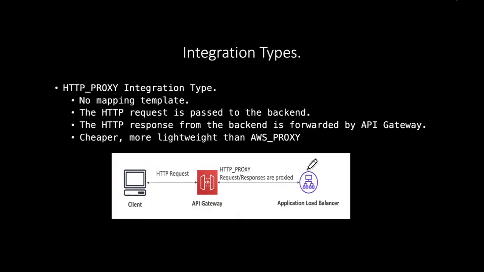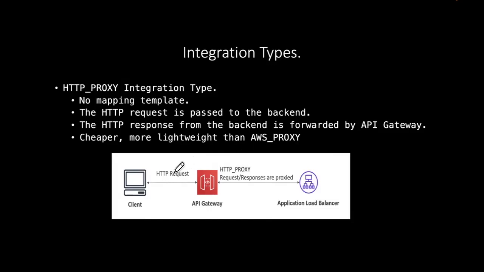Because as you know, a load balancer understands HTTP. So your API gateway in that case is transitioning from HTTP to HTTP. So in a way, it doesn't have any transformation work to do.